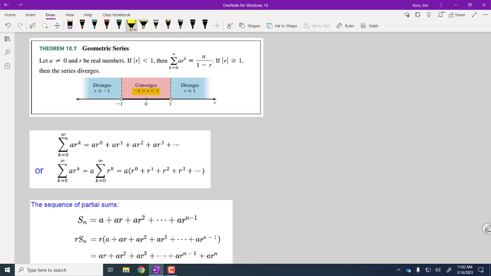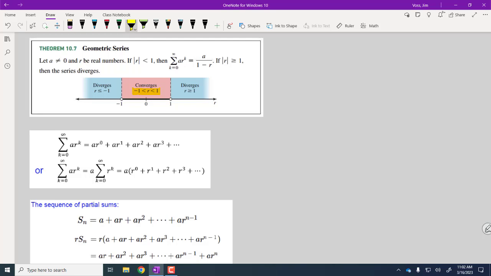The sequence 1, 1, 1, if you turn it into a series, 1 plus 1 plus 1 does not converge. So we take that away. So our convergence is strictly in between -1 and +1 for a geometric series. Otherwise, it diverges.